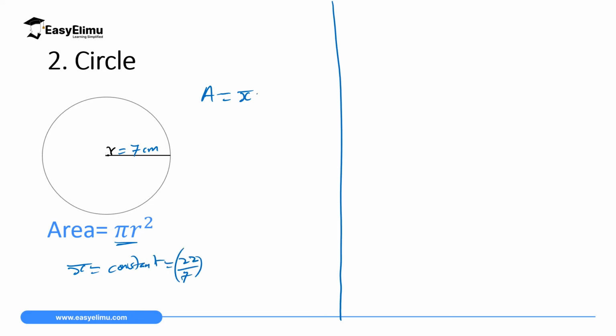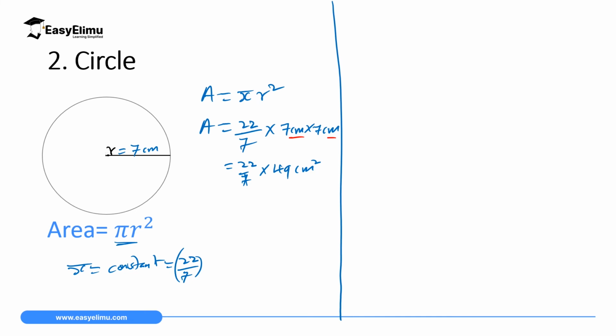Then it will be pi r squared. So area is going to be 22 over 7 times 7 centimeter times 7 centimeter. Remember, in this case, we are going to multiply a centimeter twice, so it's going to give us an answer in square centimeter. So if we multiply this, it will be 22 over 7 times 49 square centimeter.